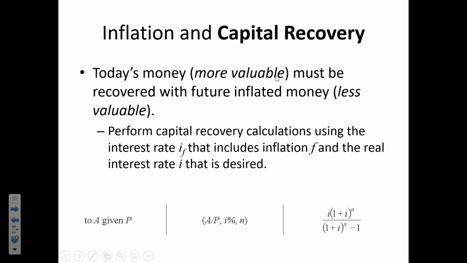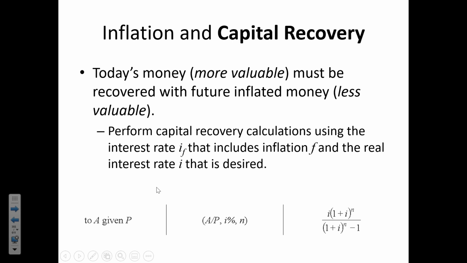The money that you purchase the item with, today's money, is more valuable than the dollars that you're recovering in the future. So in the capital recovery calculations, you should use I sub f, because that takes into account both the effect of those future dollars being less valuable and the real interest rate that you hope to earn.